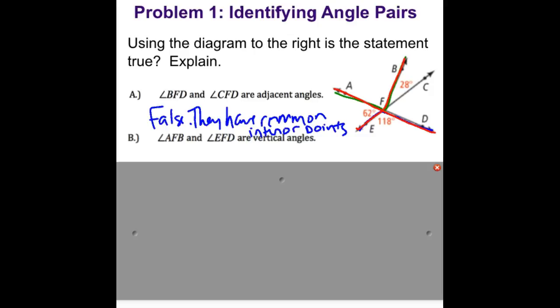And that means that if you can't just trace those in a straight line, then they are not actually vertical angles. So you would say false, and the reasoning being that if you can't draw a straight line between those sides, it means that you don't have opposite rays. So FB and FE are not opposite rays. Ray FB and ray FE are not opposite rays.